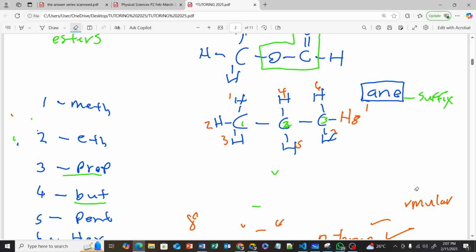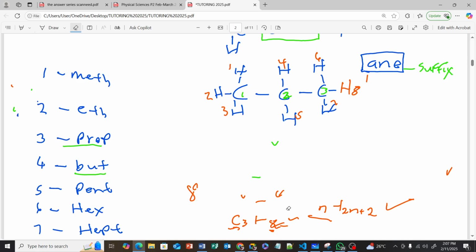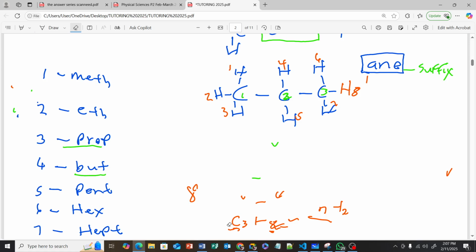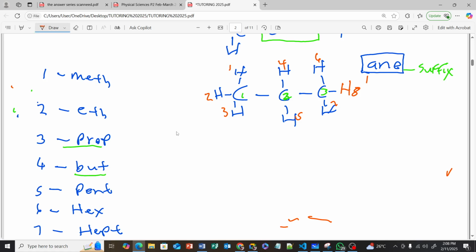Now we are going to deal with something called a condensed structural formula. Now you must ask yourself, what do we mean by saying a condensed structural formula?